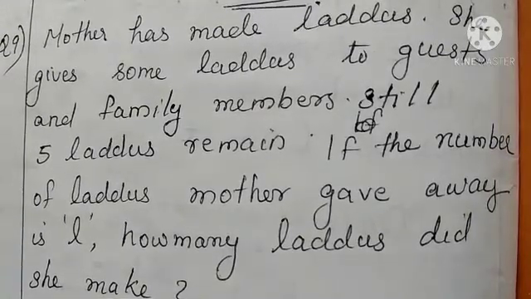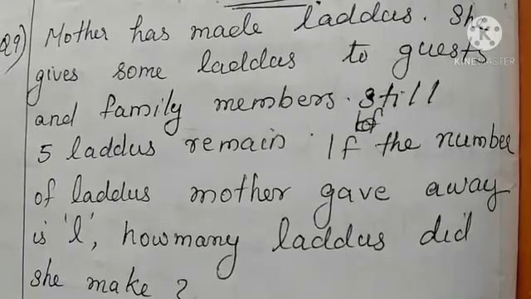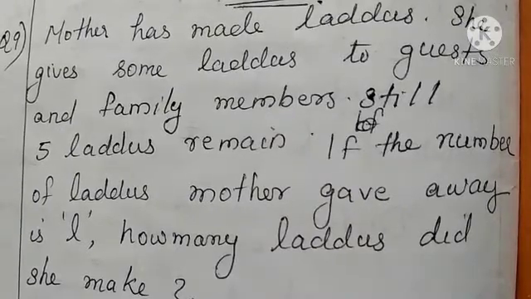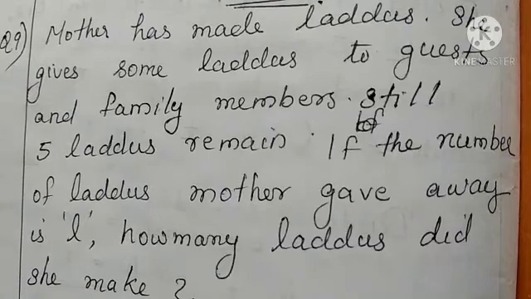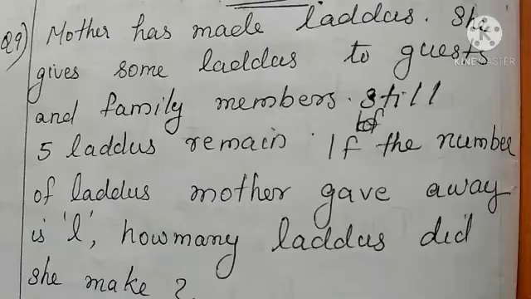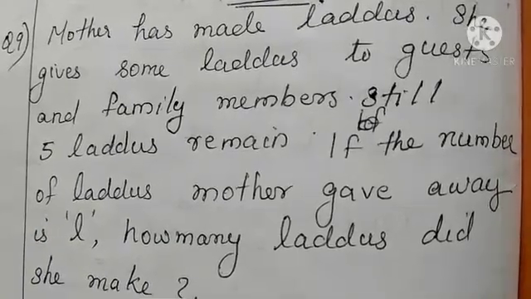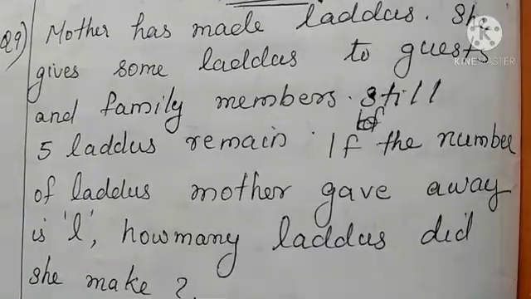If the number of laddus mother gave away is L, that means the variable is L. How many laddus did she make? Some laddus she distributed and 5 laddus are remaining. How will we calculate? The distributed laddus plus 5.